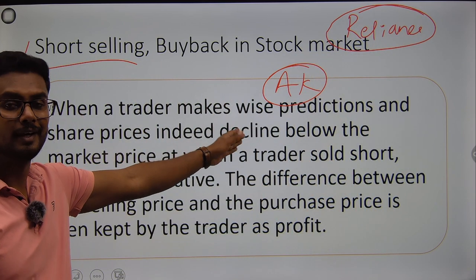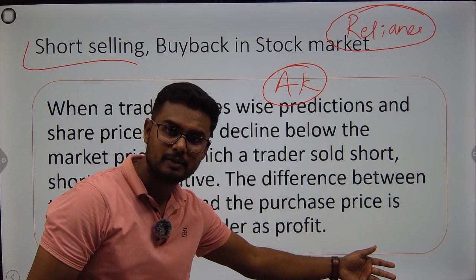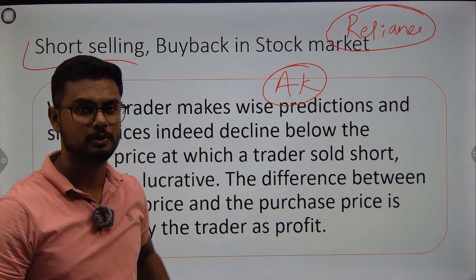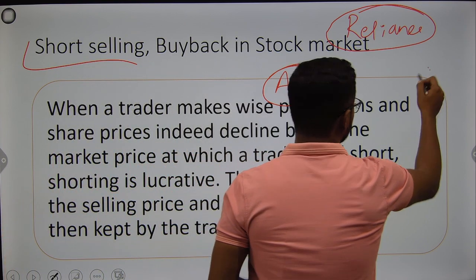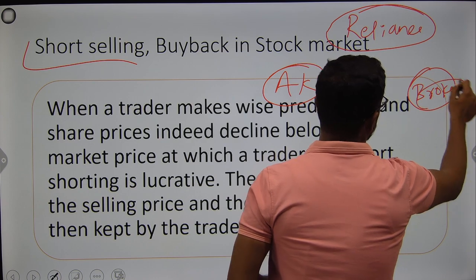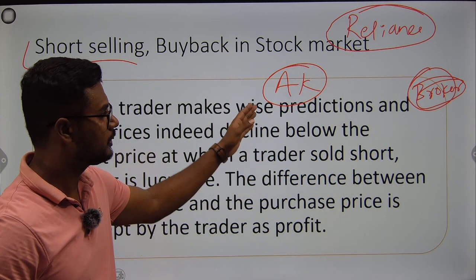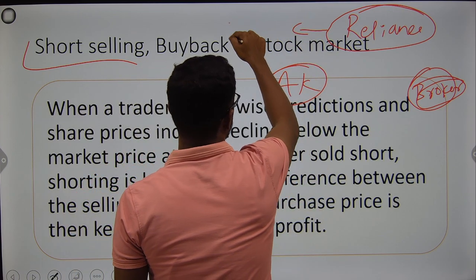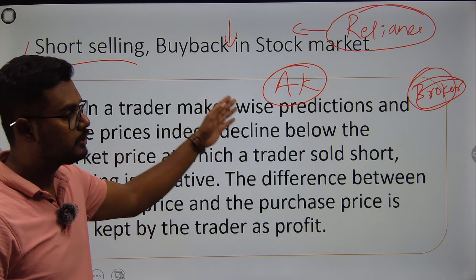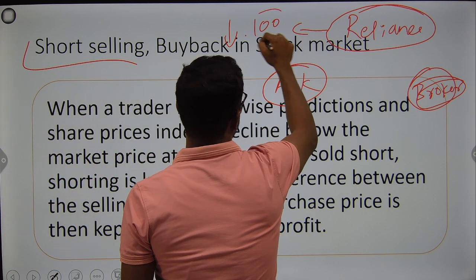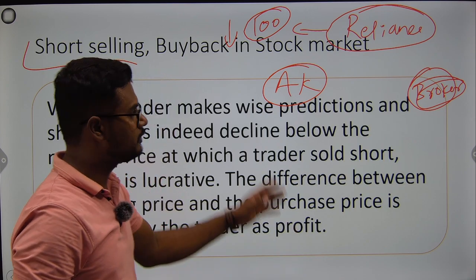Without holding any shares, he can neither sell those shares nor buy those shares. But what he does is, there is a broker. With the help of insider information, Akshay Kumar predicts that in future the share value of Reliance shares would be falling. Suppose today the market rate of one share of Reliance company is 100 rupees.